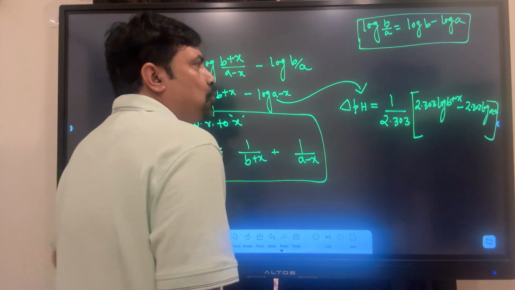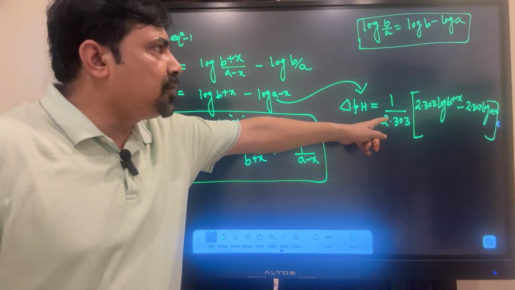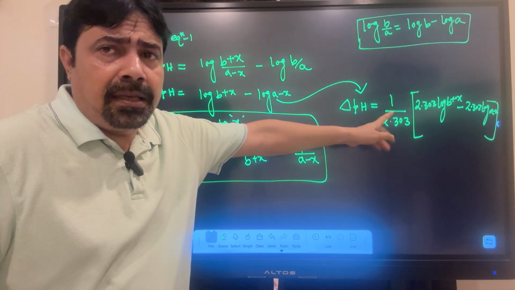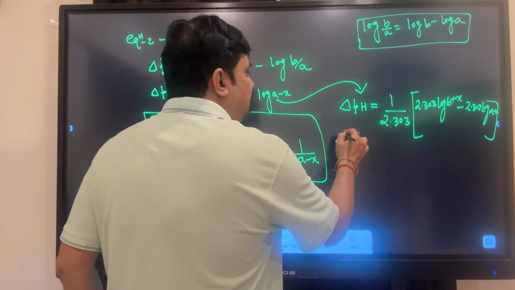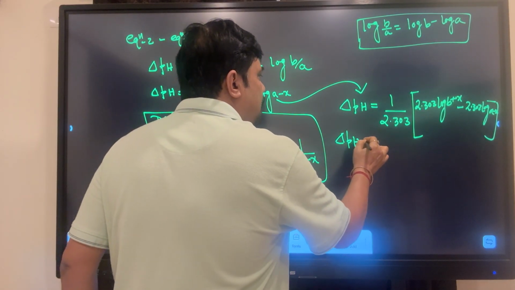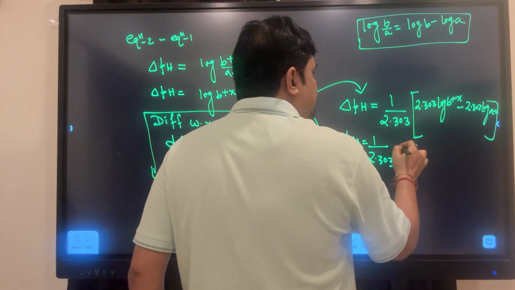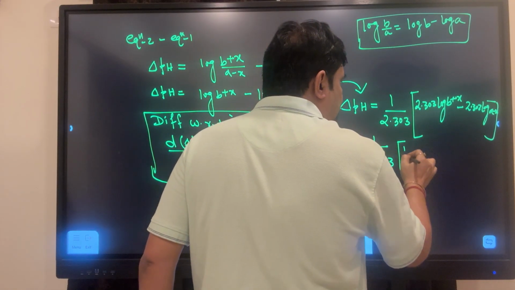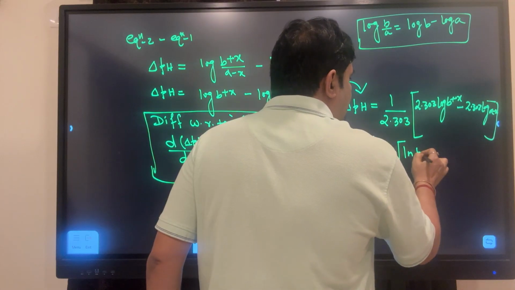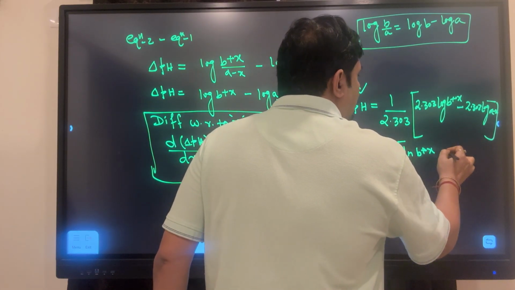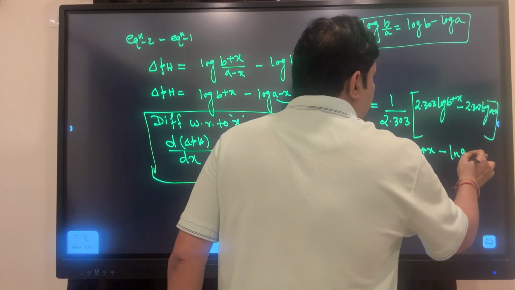Now 2.303 times log is nothing but the natural log, ln. So immediately I can write delta pH equals 1 by 2.303 times ln of (B plus X) minus ln of (A minus X).